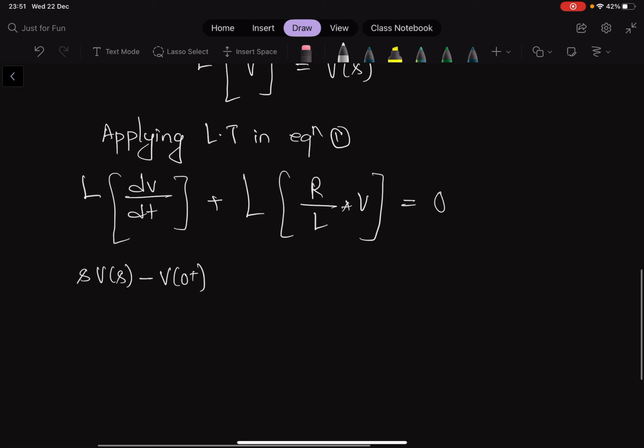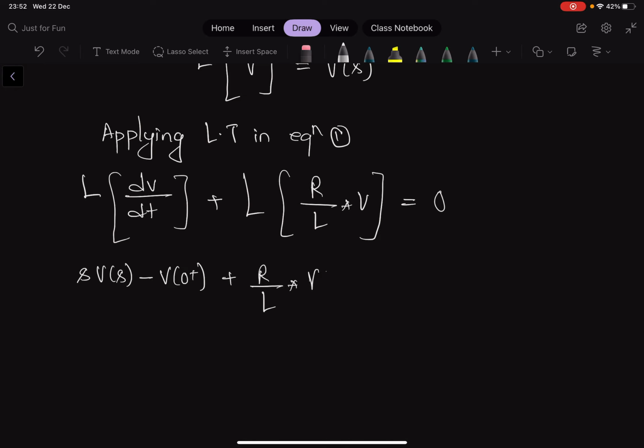And then plus we have the constant, nothing is going to happen with the constant, so the constant is as it is, and then we have v(t) converted into V(s). So V(s) equals 0.